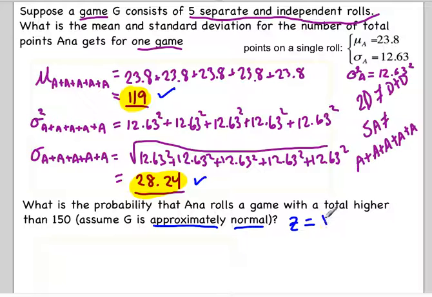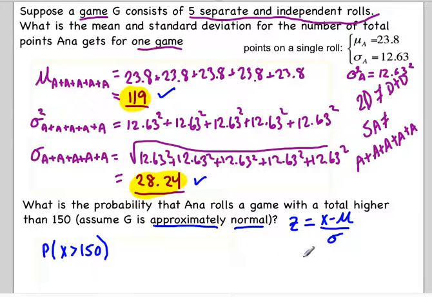Remember how your z-score formula involves subtracting the mean and dividing by the standard deviation? We are trying to find the probability that Anna rolls a game with a total higher than 150. So we're looking for X being greater than 150.